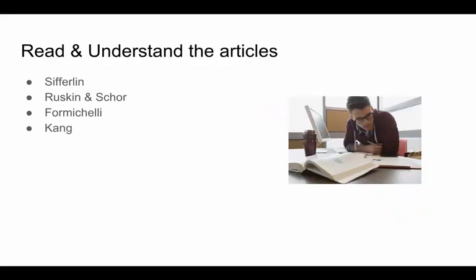So the first step is reading and understanding the articles. In this case, it's Sifferlin, Ruskin and Shore, Formicelli and Kang. So looking at the activities done in class, looking at the homework that's been assigned, making sure you're understanding the ideas, looking up and reading what you don't understand.